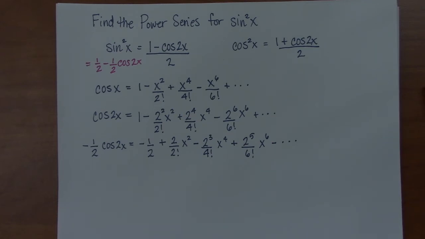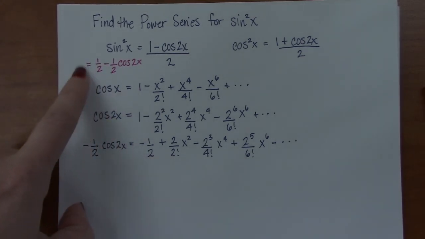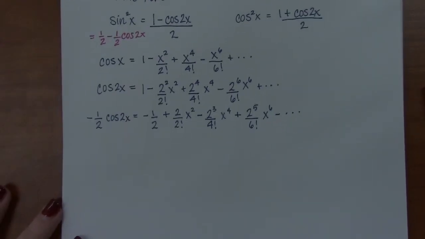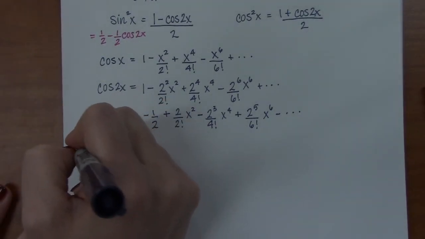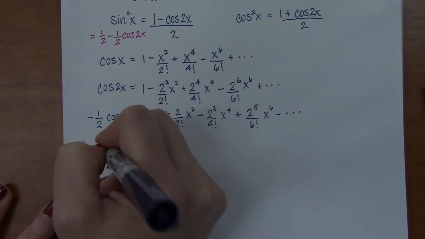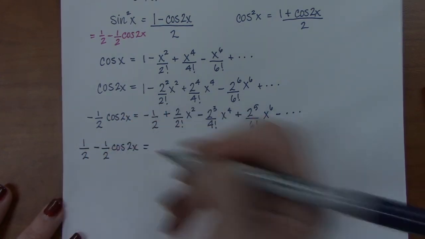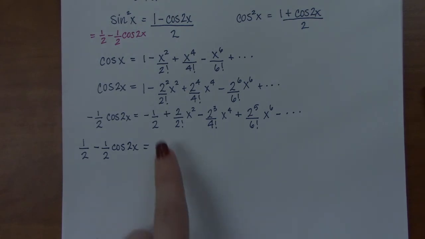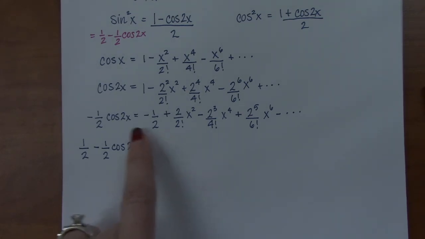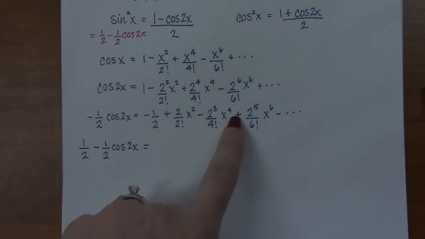And we're almost home. We only have to do one more thing. The last thing we need to do to turn this expression into this expression is I need to add a 1/2 up front, right? So if I add a 1/2 up front, well, the 1/2 is just going to cancel this negative 1/2, and they're going to add to 0, because it's literally going to be 1/2 minus 1/2 and all this stuff.